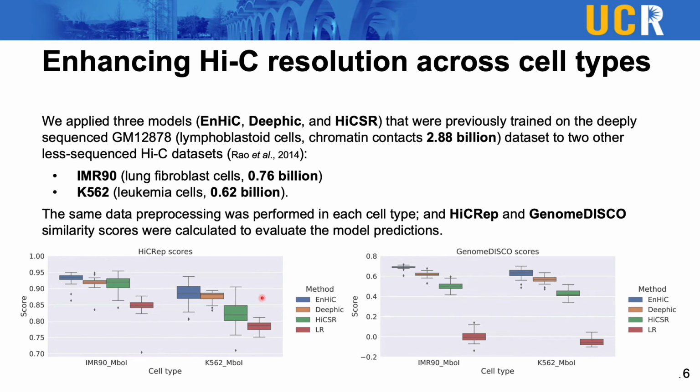We observed that the scores were relatively lower than for the previously obtained dataset, but they were significantly higher than the baseline, the low-resolution HiC. In addition, the performance of all 3 models was slightly better in IMR90 than K562. This is likely due to the relatively higher sequencing depth. Taken together, these results indicate that EnHiC can effectively recover high-resolution matrices from insufficiently sequenced HiC data across cell types.